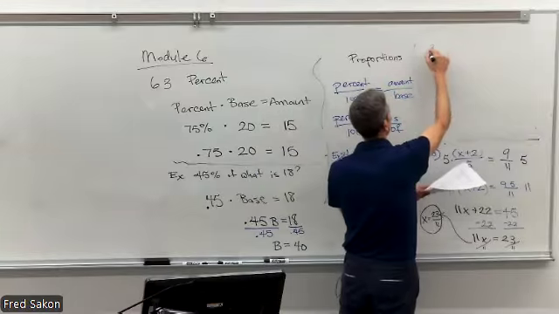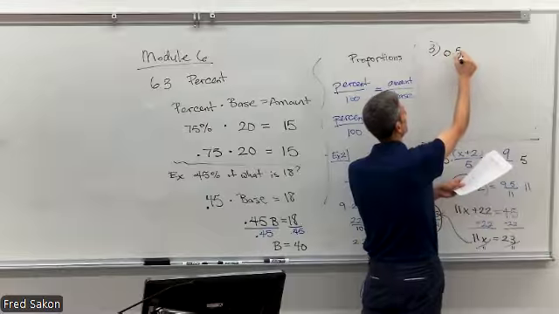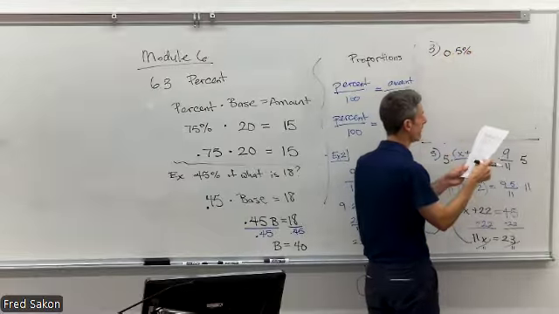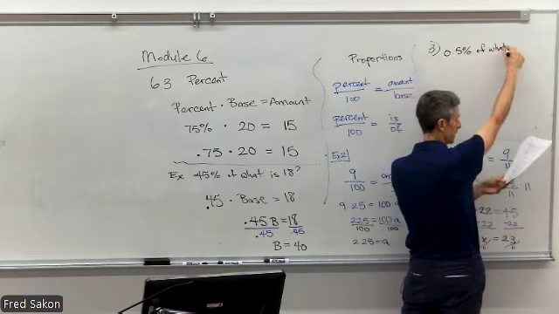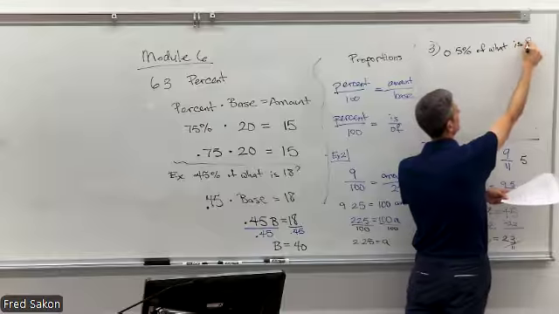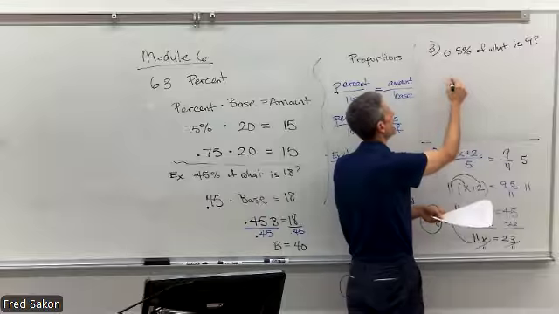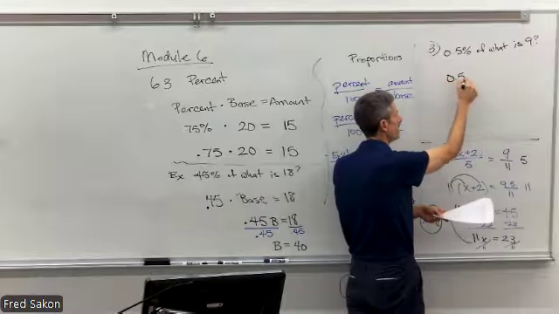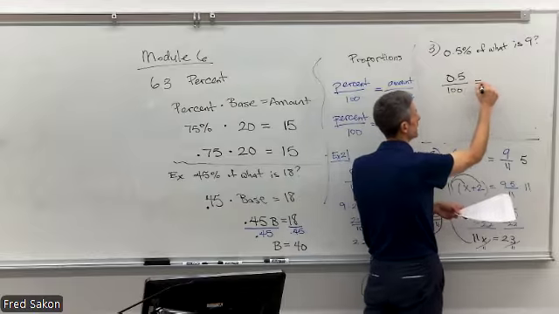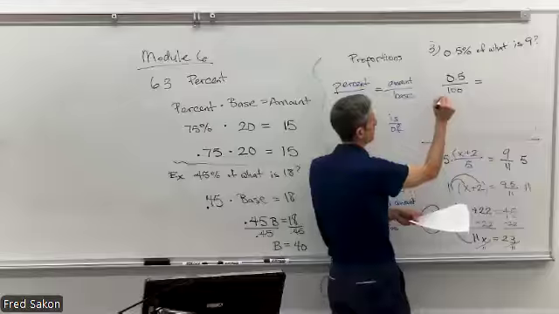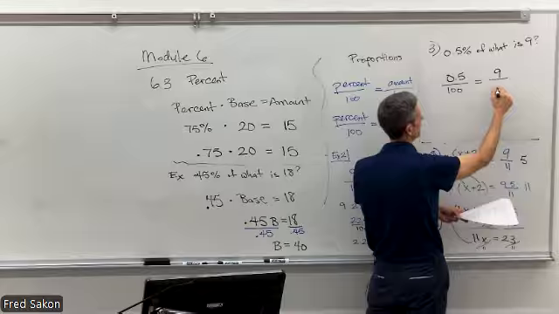I want to do this third one on the practice problem because it gives you a really awkward percent to work with. 0.5% of what number is 9? 0.5%. I can do 0.5 over 100 is 9 of what?